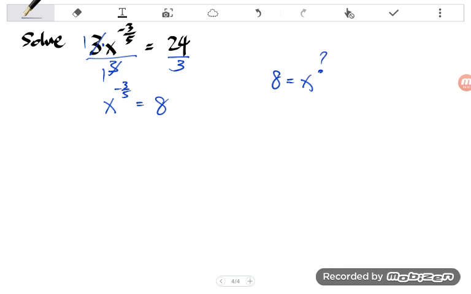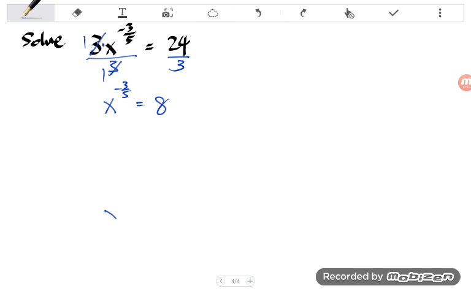Can I do that? Because previously we have tried to make the bases the same, but this is not going to work anymore because x is something that I need to find, and this is simply not possible, right? So I'm not going to mess around with the base. Then is there maybe a way for me to mess around with this exponent? Maybe. Let's see.